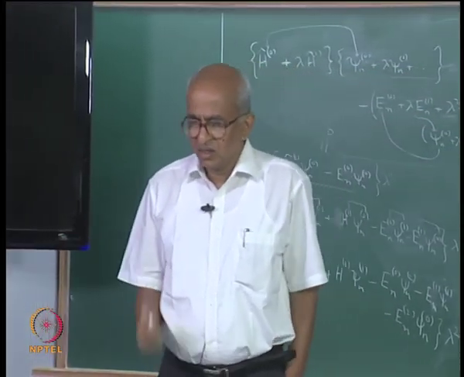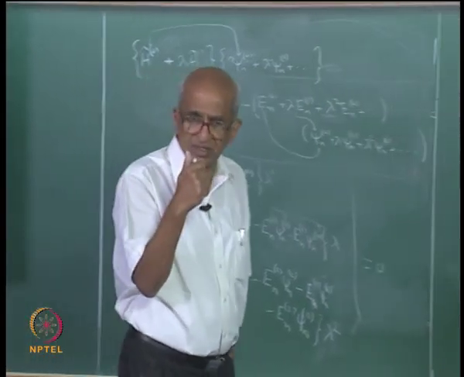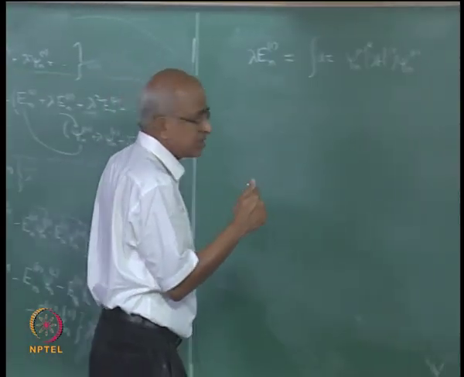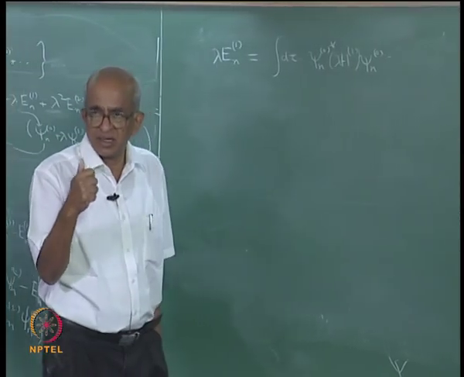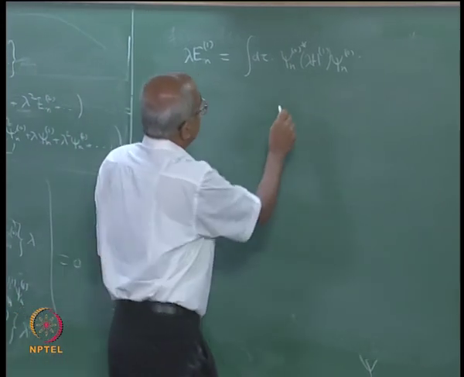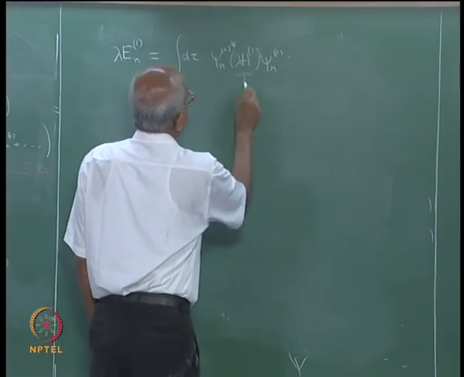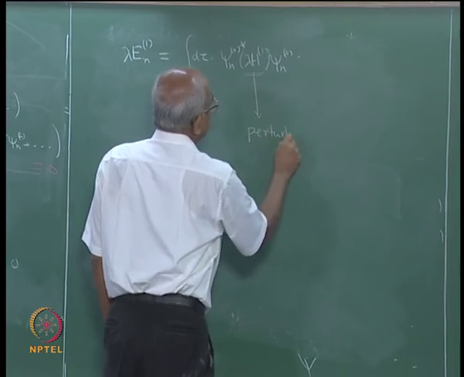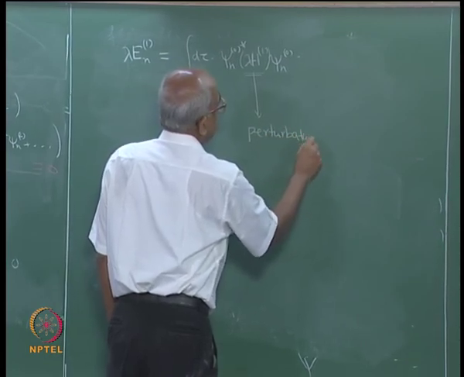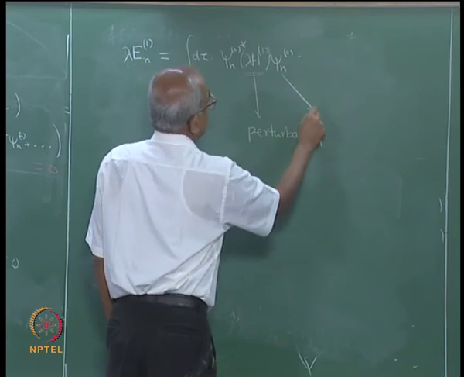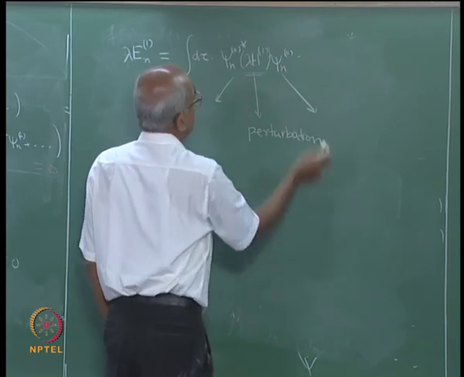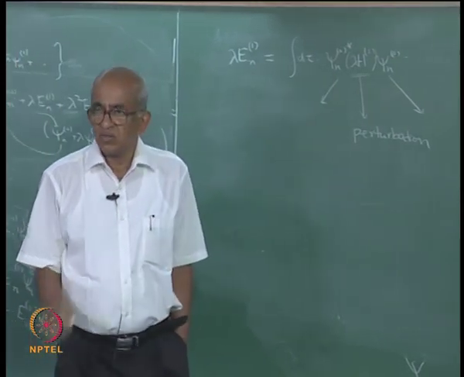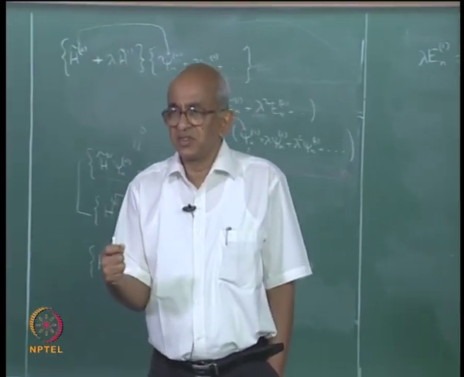Fine. Now, what does it say? You look at the physical content. Whenever you have an equation, you should be looking at the physical content and understanding that. What it says is, here is your perturbation, and here you have the unperturbed eigenfunctions.